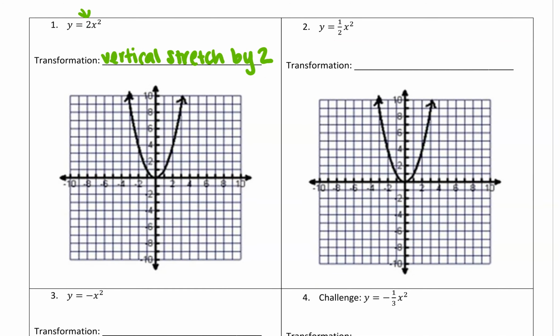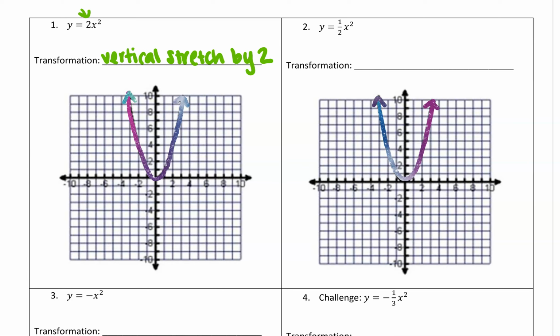So my parent function, I'm going to again just use my rainbow color to make it stand out a little bit more. And I'll do the same over here. And what I'm going to do is stretch this graph. I'm going to do it basically mentally in my mind.